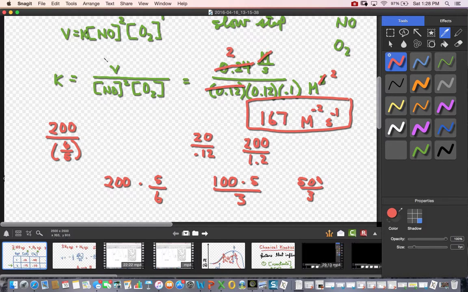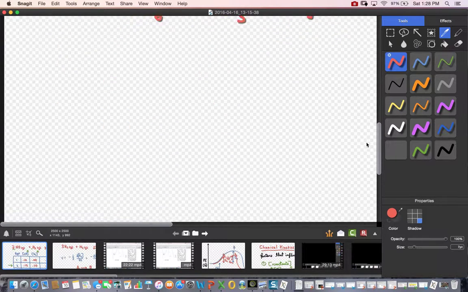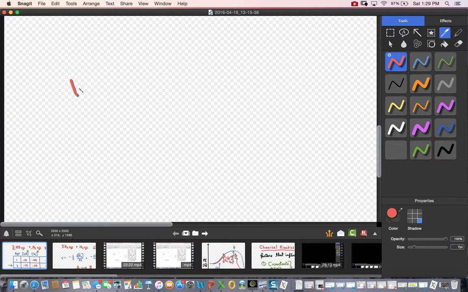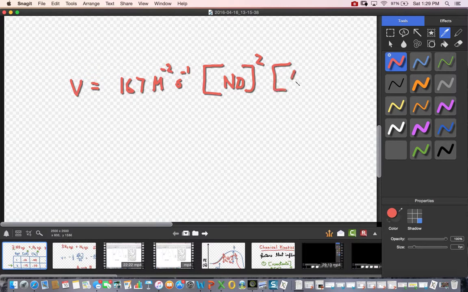So now I plug this into this equation. I have my final rate constant. V equals 167 molar to the minus 2 seconds to the minus 1 times the concentration of NO squared times the concentration of O2.